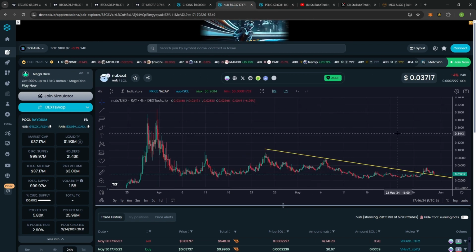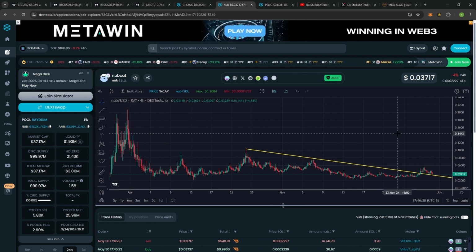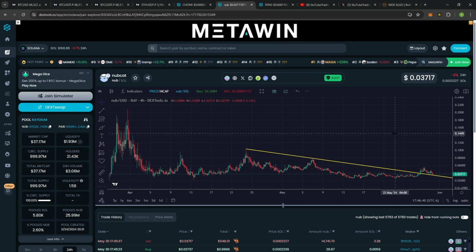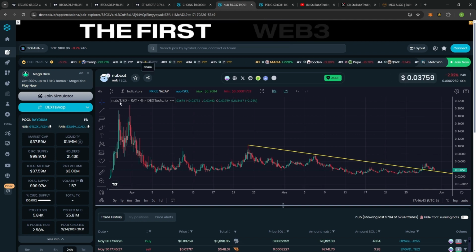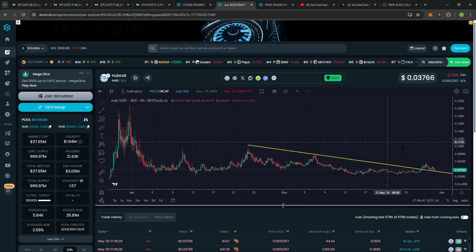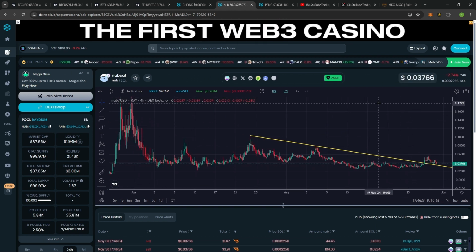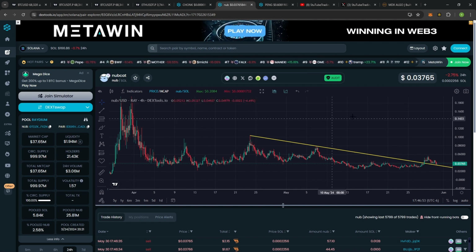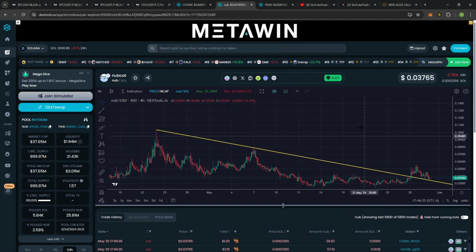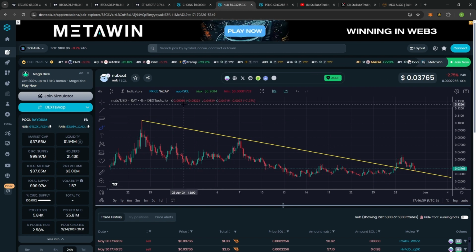Nubcat is one that's interesting because I know cat and dog meme coins are obviously a bit of a thing. And this is one of the more popular cat memes with over 37 million market cap. So it's not like it was just launched yesterday and it's a $100,000 market cap or whatever. It's actually quite established. And like I was talking about trend lines earlier, I've had this mapped out for a few days now.